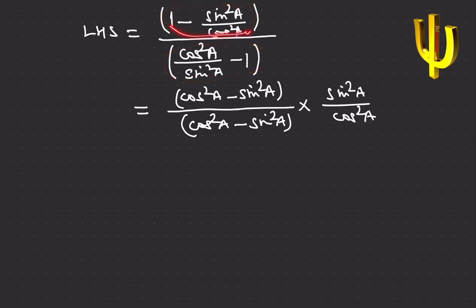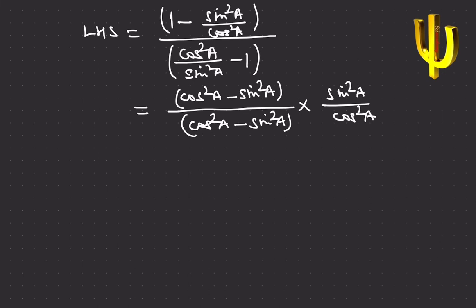So this gives cos square A minus sin square A divided by cos square A, and this gives cos square A minus sin square A divided by sin square A. So further this gives cos square A minus sin square A divided by cos square A minus sin square A, and after this will be like this.